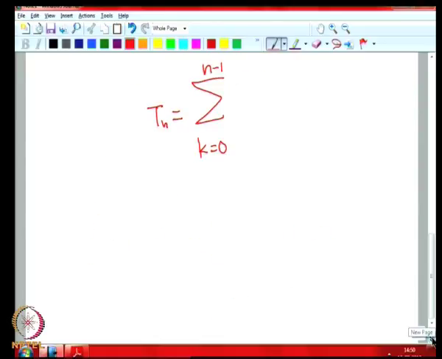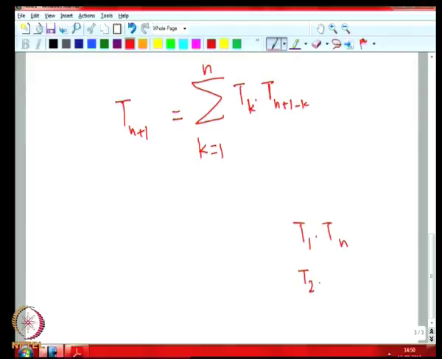So T_{n+1} is equal to the sum over k from 1 to n of T_k times T_{n+1-k}. For instance, if there is only one number on the first side, it is T_1 times T_n.